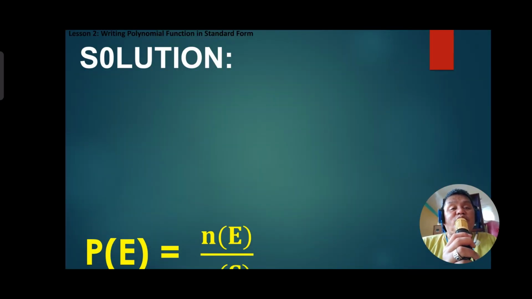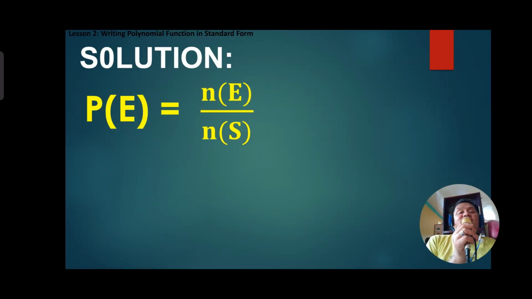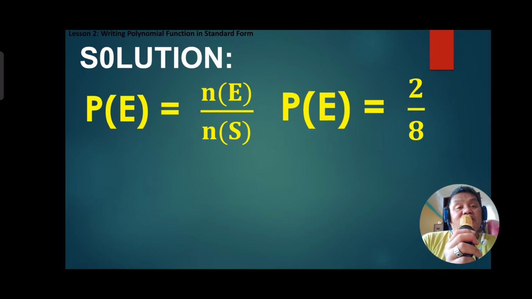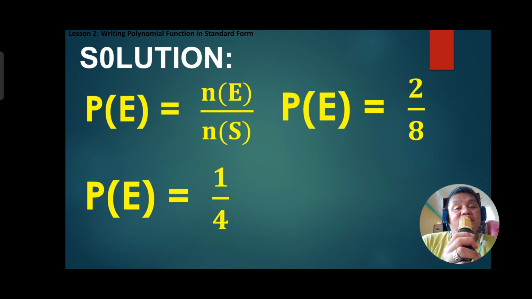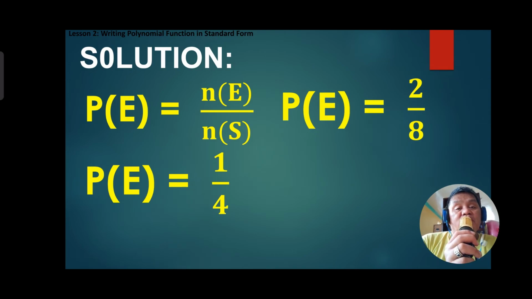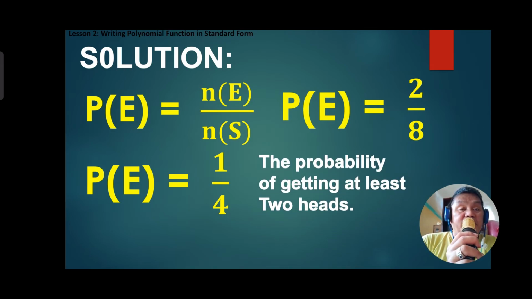So we are going to use now the formula: the probability of an event that 2 heads come up is, again, the number of outcomes in the event over the number of outcomes in the sample space. So the number of outcomes in the event is 2, over the number of outcomes in the sample space, which is equal to 8. We have now the probability of getting at least 2 heads is equal to 1/4. Again, reducing 2 over 8 is equal to 1/4. So this will be now the probability of getting at least 2 heads.